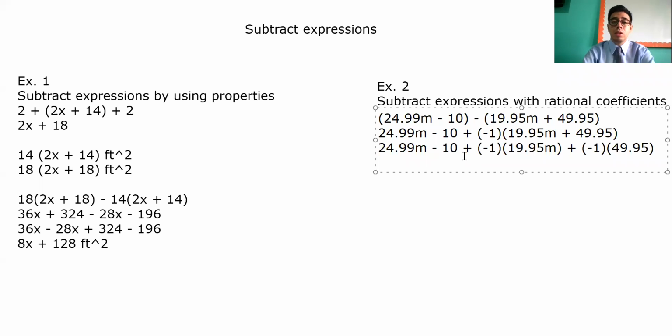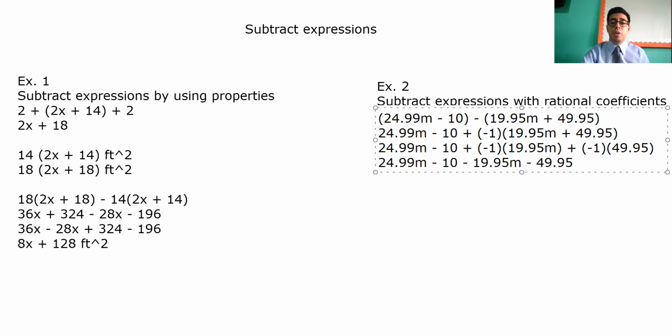These signs, they are going to be negative. So we have 24.99m minus 10 minus 19.95m minus 49.95.